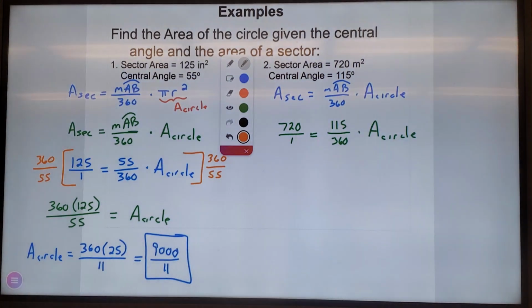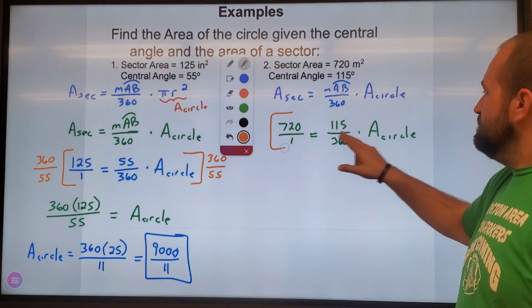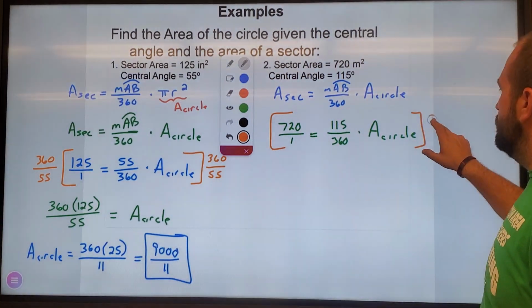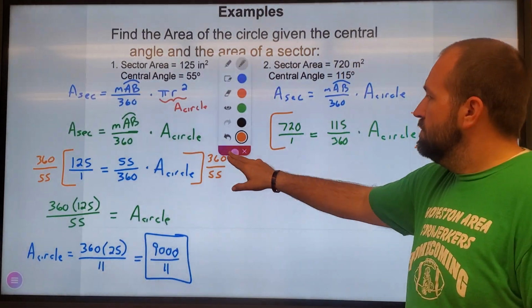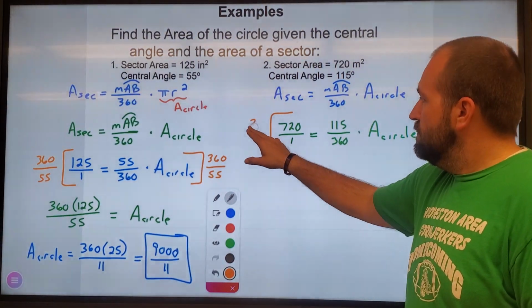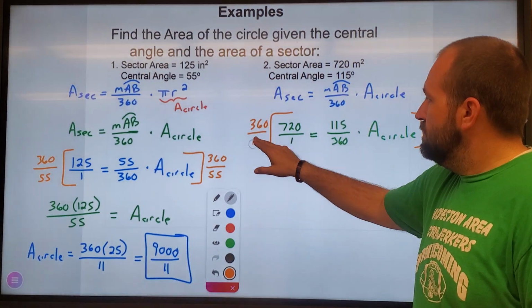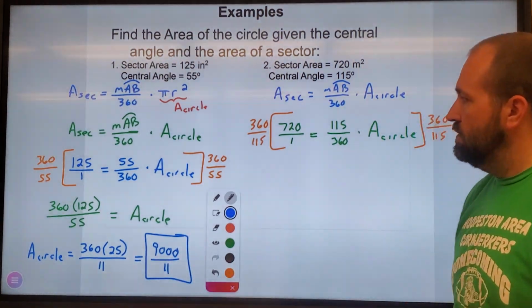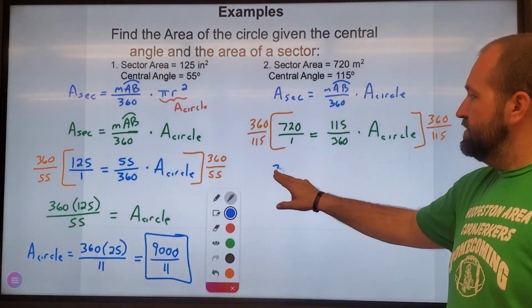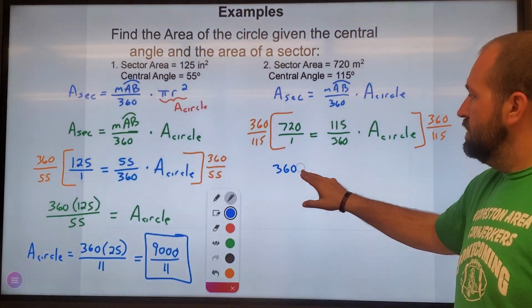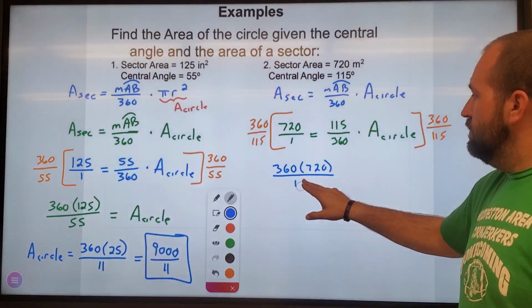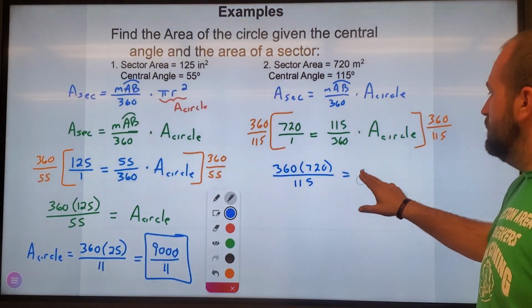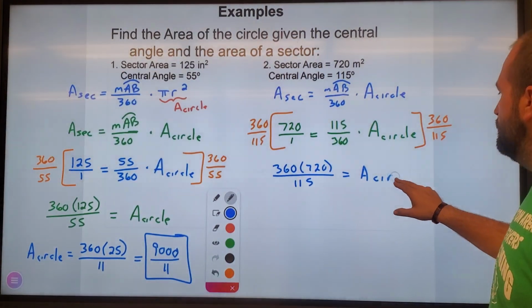Again, at this point, I'm going to multiply both sides by the reciprocal of the fraction on the right-hand side. Okay, which gives me 360 times the 720 over 115 is the area of the circle.